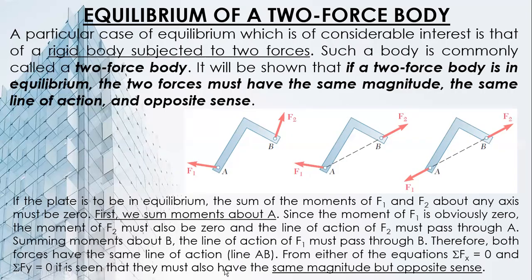So it is seen that they must also have the same magnitude but opposite signs. So this is the condition for an equilibrium of a two-force body: same magnitude, same line of action, but opposite in direction or opposite sense.